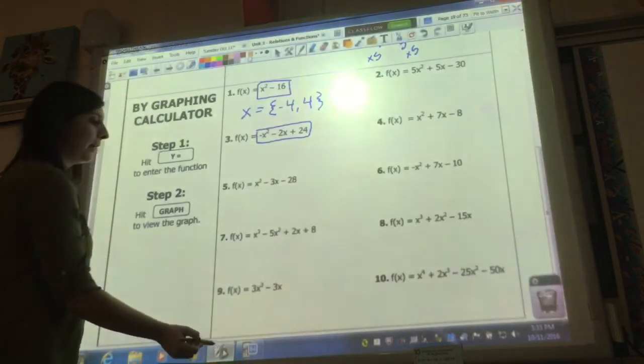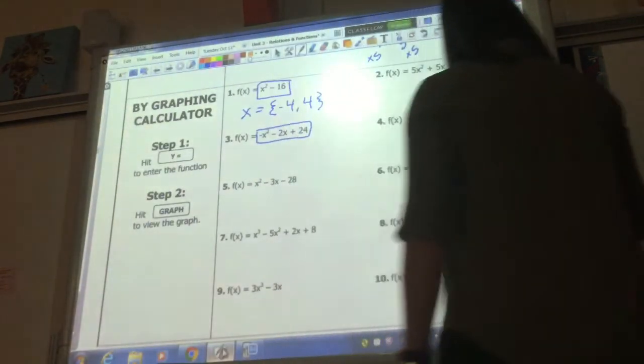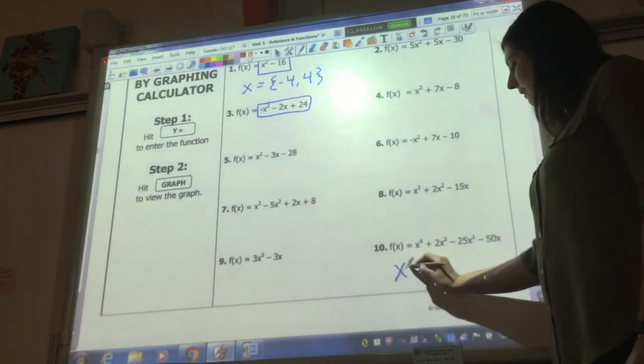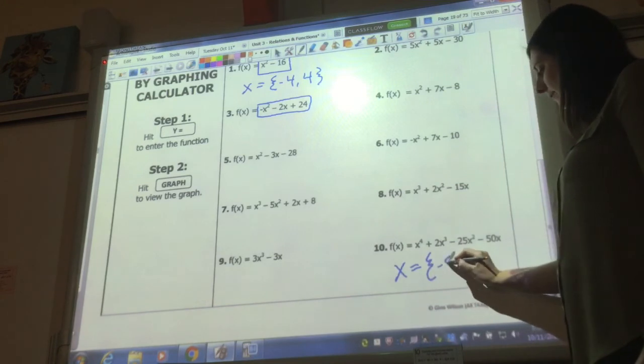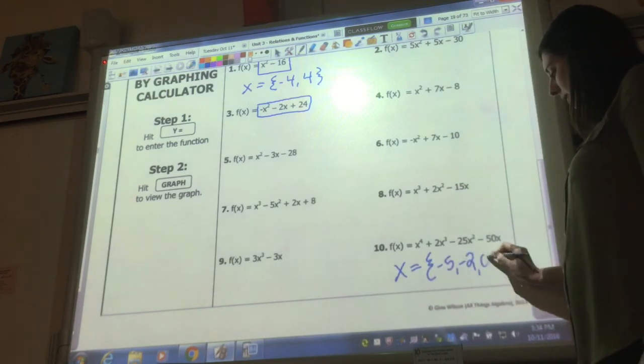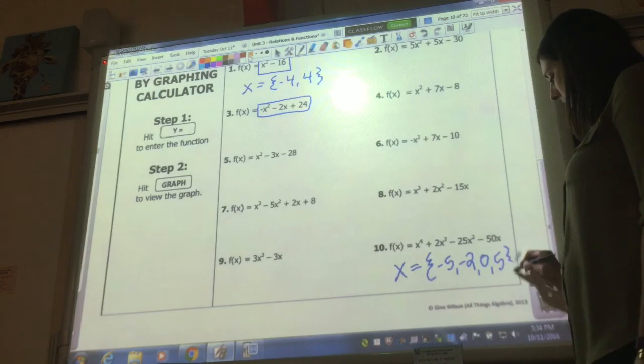So go back to your paper. Make sure you record your answer. X equals negative 5, negative 2, 0, and a positive 5.